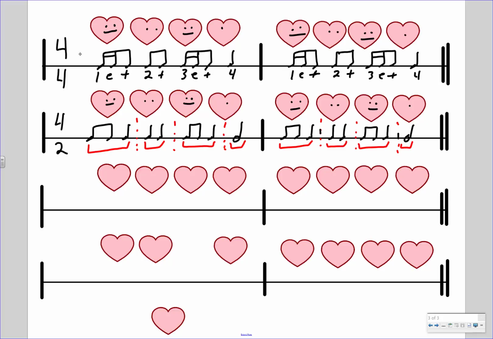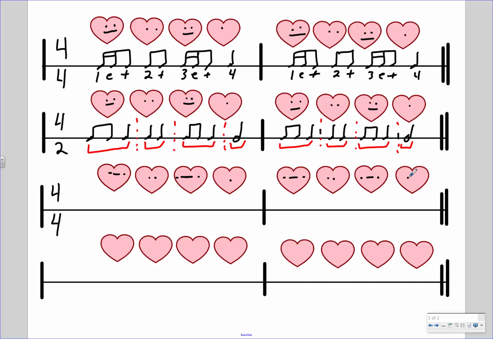Let's try another example. We'll do 4/4. And here it is. 1, 2, ready, go. Listen to it again.